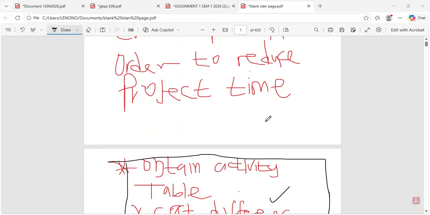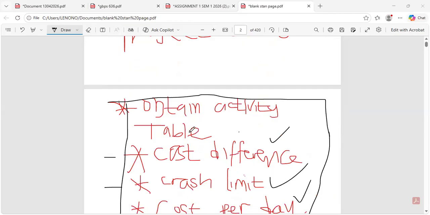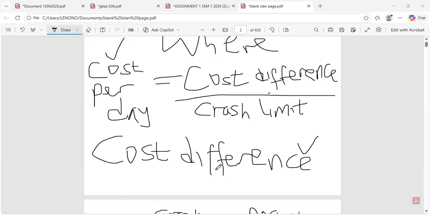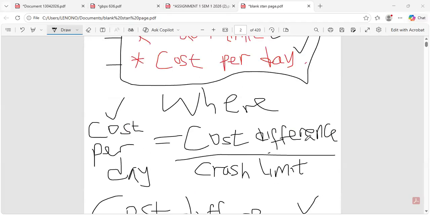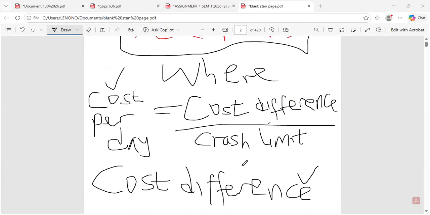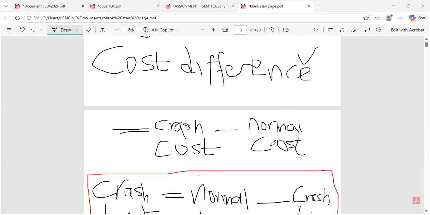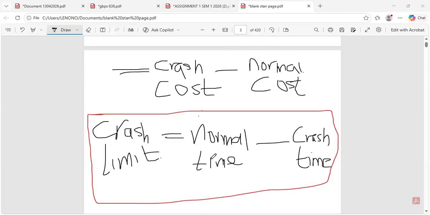Then we need to obtain an activity table. The activity table looks at the cost difference, the crash limit, and the cost per day. The cost per day is equal to cost difference over the crash limit, and the cost difference is equal to crash cost minus the normal cost. The crash limit is normal time minus the crash time.